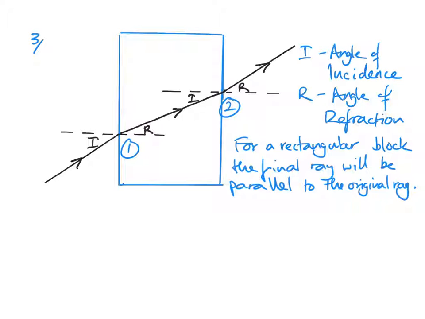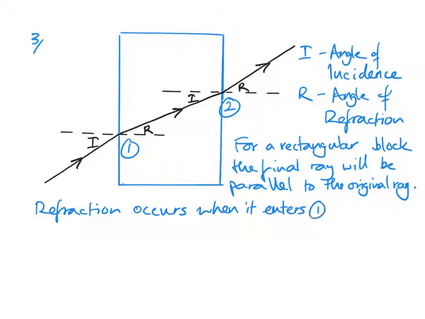So refraction occurs when it enters and leaves. In this diagram here we've got two instances of refraction.